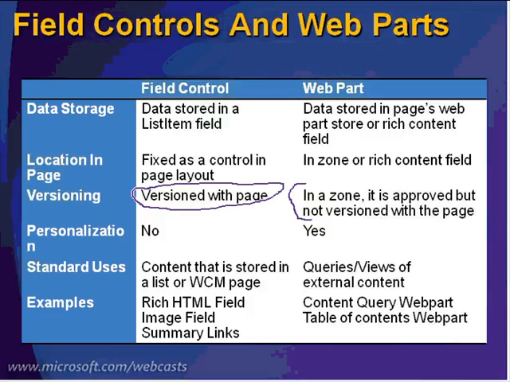Another thing to notice is that in a content management scenario, you can fix the location of your field controls and have a more controlled authoring environment. Whereas generally web parts you can put in web part zones and move them around any which way you like, which is great in some scenarios, but if you had a web publishing scenario, you might want to lock that down. So that's a couple of the trade-offs.